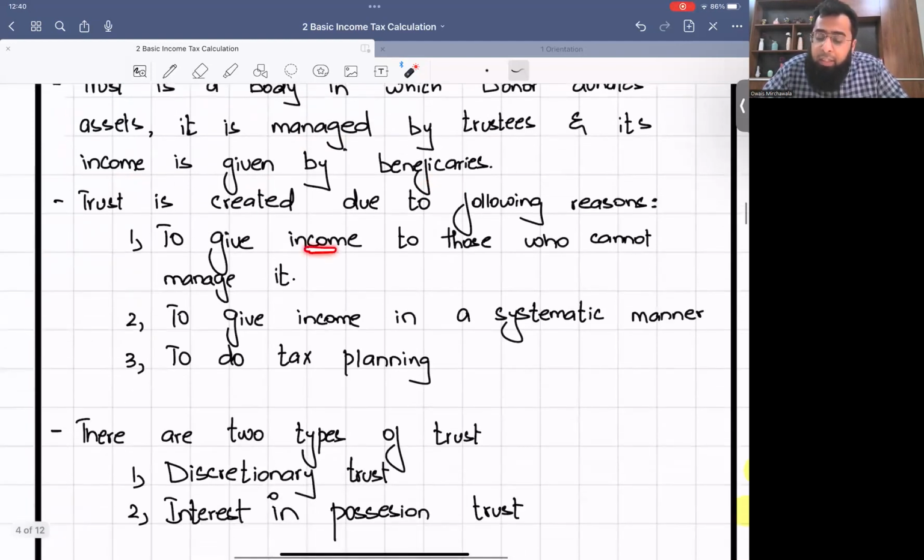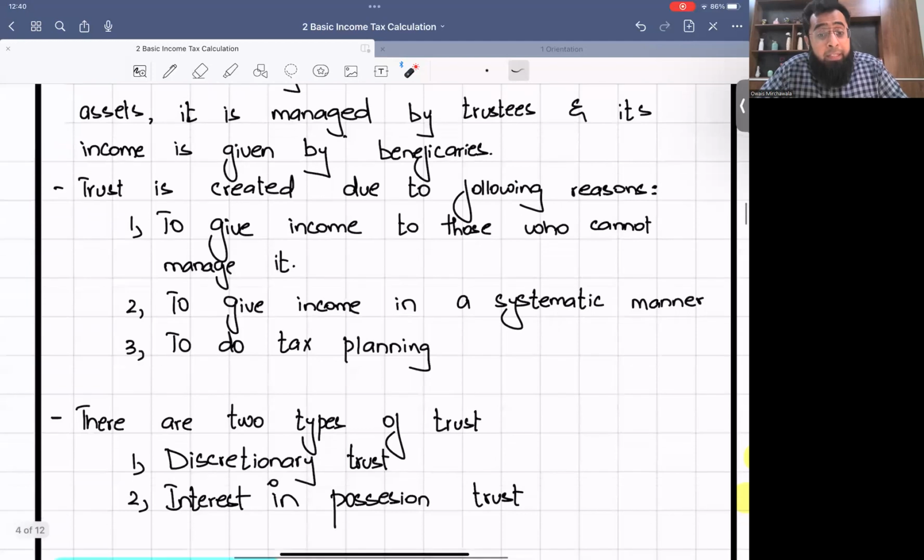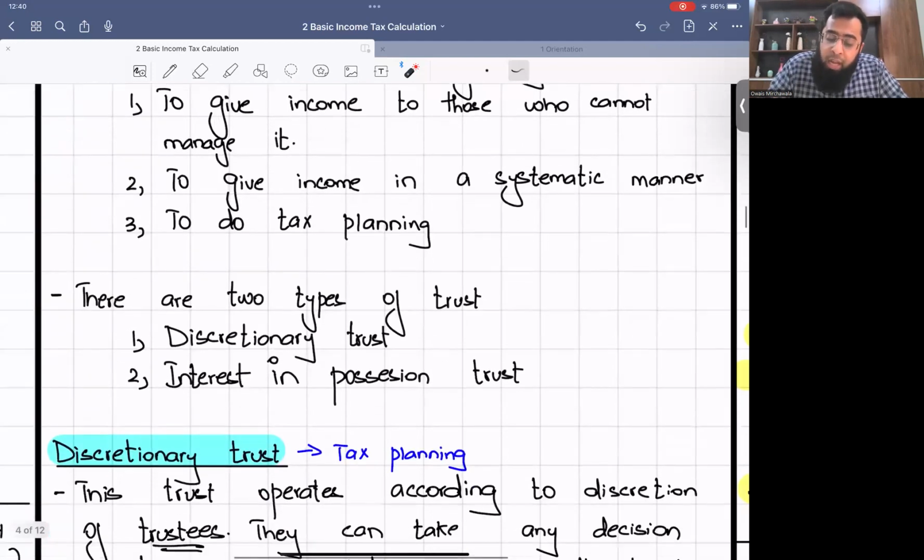Normally, a trust is created to give income to those who cannot manage it, like, for example, if you have small children or a family who cannot manage the business, you will create a trust and appoint the board of trustees to manage it. Or if you want to give income in a systematic manner, like a proper distribution as per your instructions. Or there is an objective to do tax planning. Now, there are two types of trust.